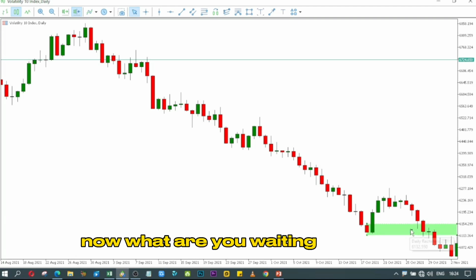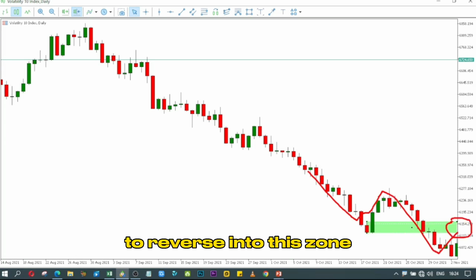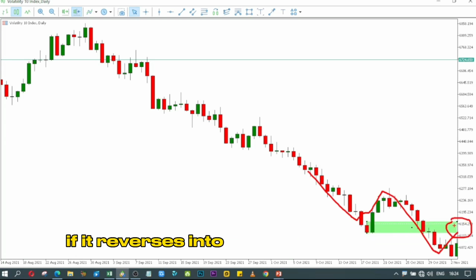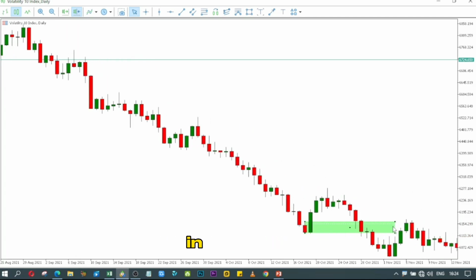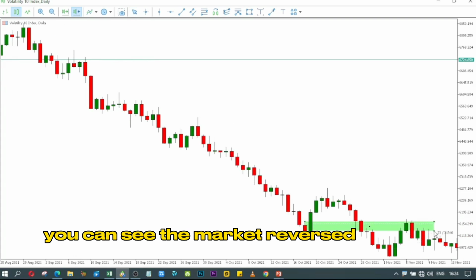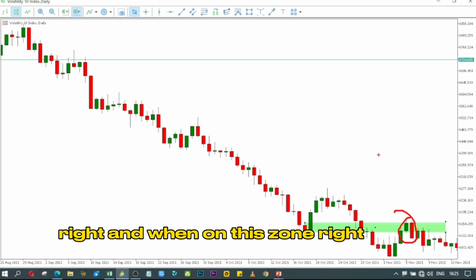So now what are you waiting for next? You are waiting for this market to reverse into this zone. If it reverses into this zone right here, that's where you place your trades. So in this case, you can see the market reversed into this zone, right? And when on this zone right here, what do you see?